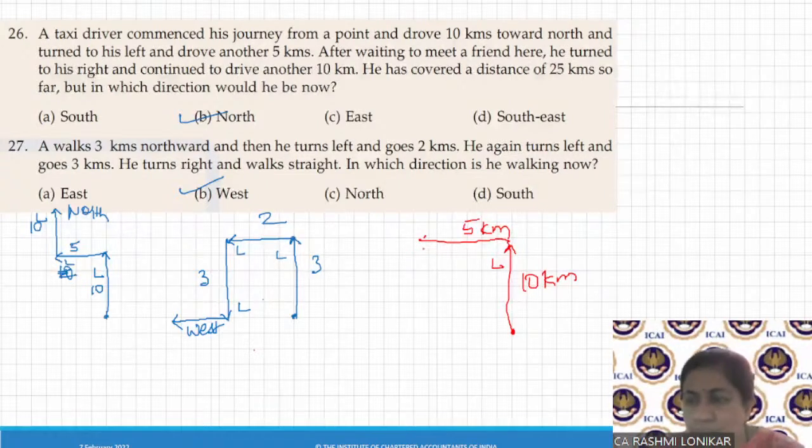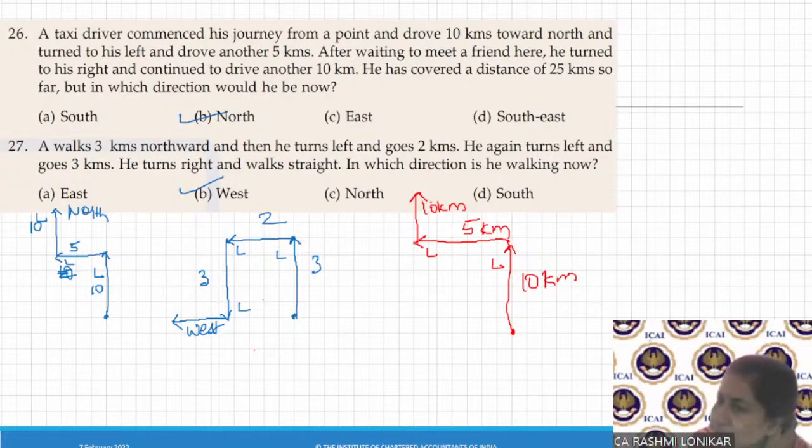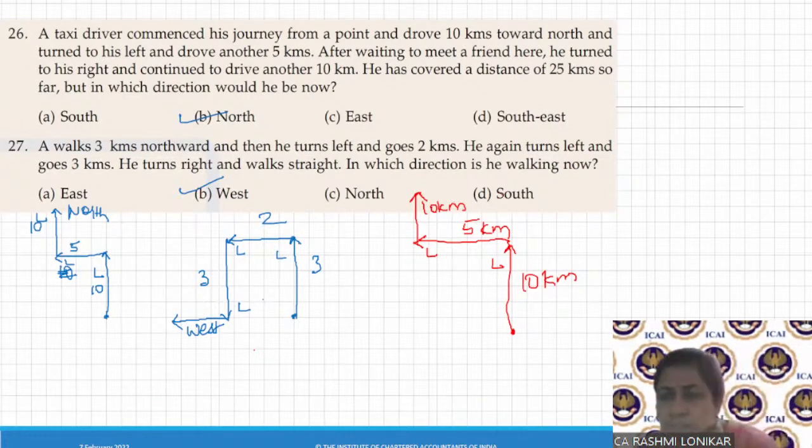After waiting to meet his friend there, he turned to his right. So this is his left and this is his right. He turned to his right and continued for another 10 kilometers. Now what they're saying is he covered this 25-kilometer distance: this 10, this 5 and this 10. But which direction is he now? He is in the north direction.